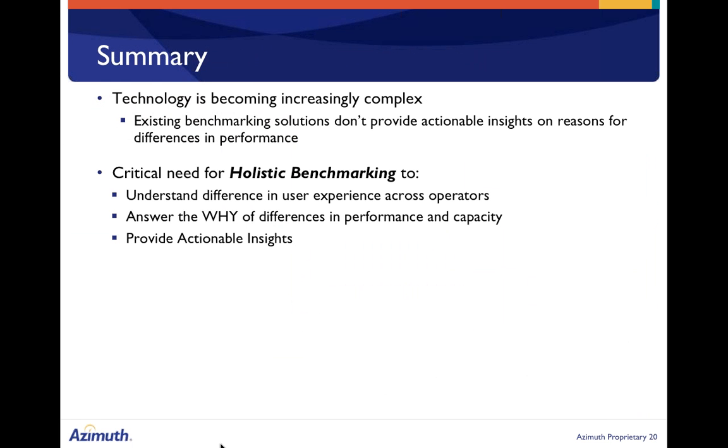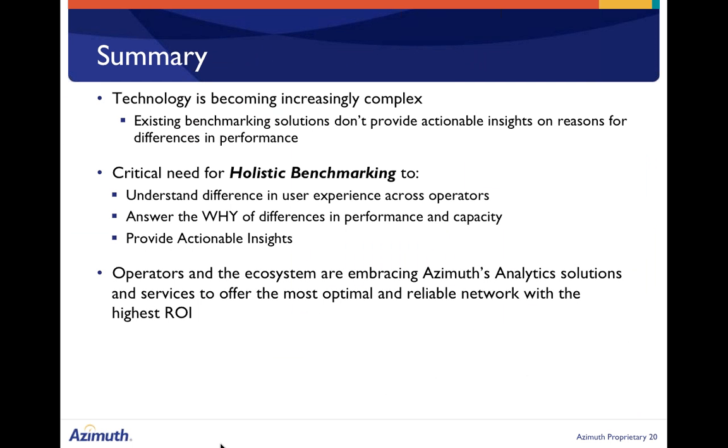So summarizing whatever we've covered so far, we all know technology is getting more complex. Whether you're an operator, an infrastructure vendor, OEM, chipset vendor, I'm sure all of you are on the receiving end of this. Technology is becoming more complex, and existing benchmarking solutions are not adequate for this. Existing benchmarking solutions stop short. They just tell you there is a difference in performance. There is no way for you to take actionable insights.